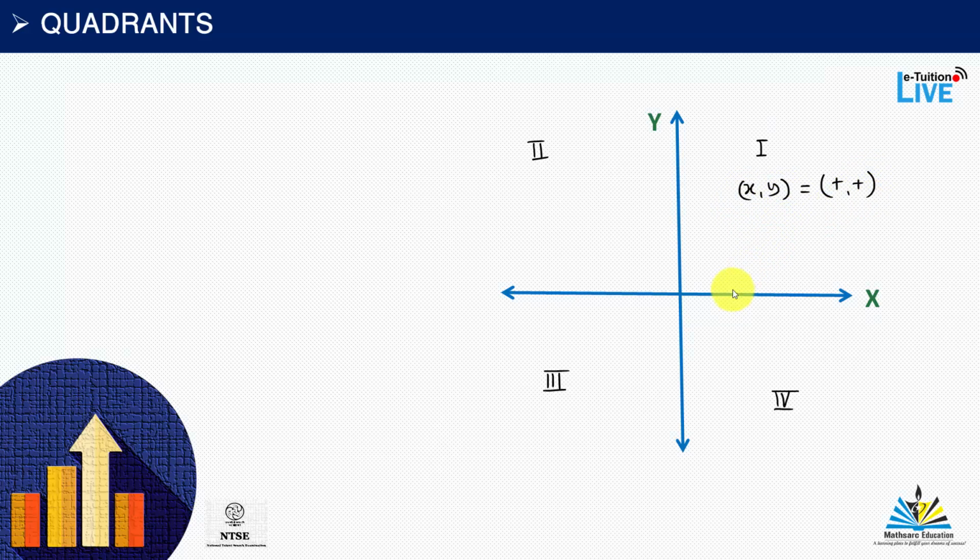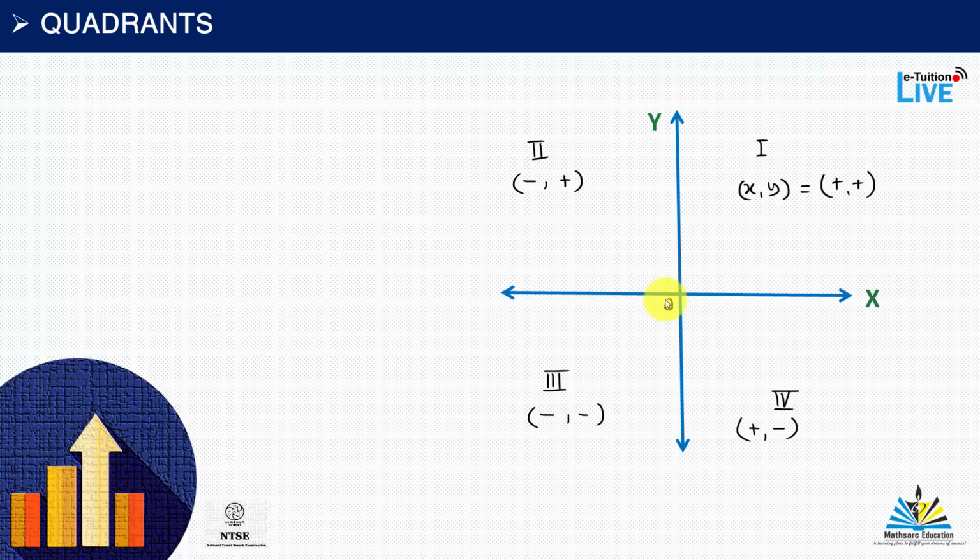Both x and y must be positive in the first quadrant, and in the second quadrant x must be negative and y must be positive. In the third quadrant, negative comma negative, and in the fourth quadrant x must be positive and y must be negative. How are we getting this plus minus sign?